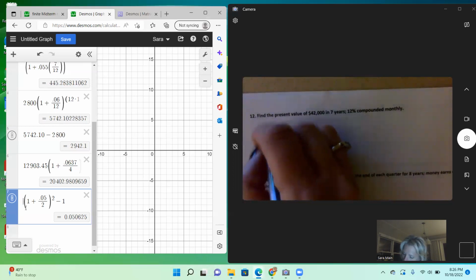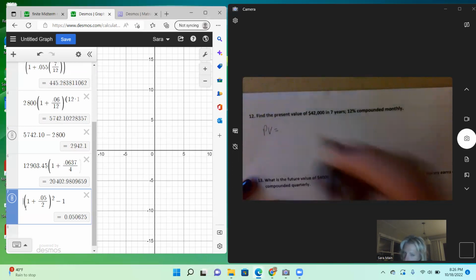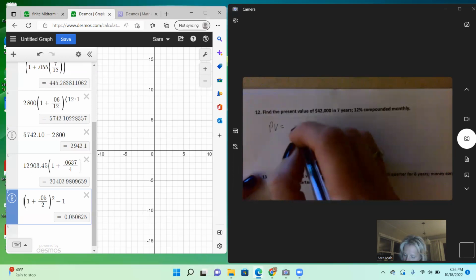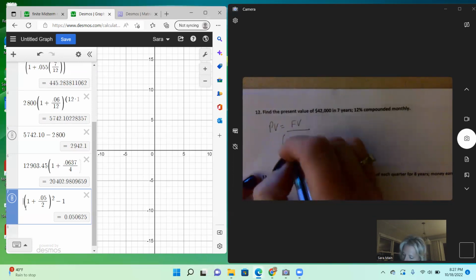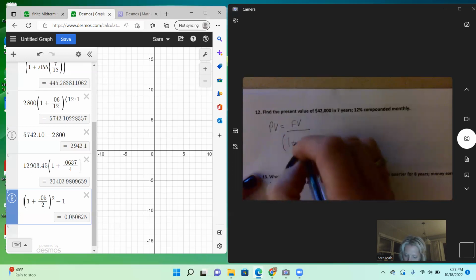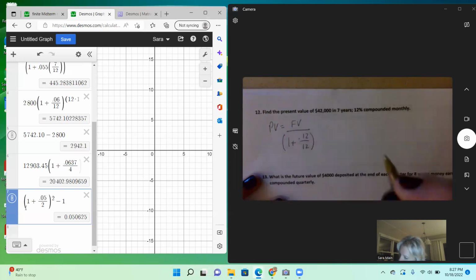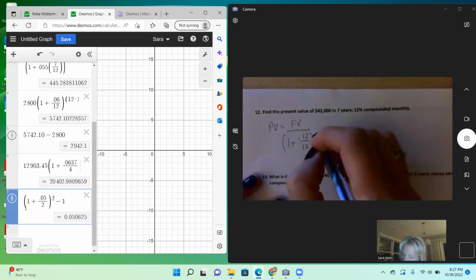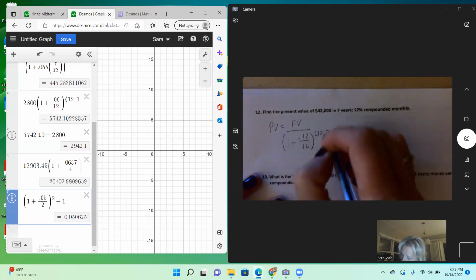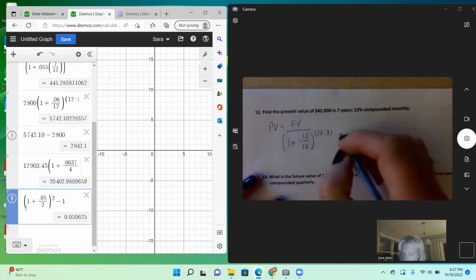So we're going to have to take our present value, is what we're searching for. And so we're going to take our future value and divide by our compounding piece. So we're compounding monthly for 7 years.